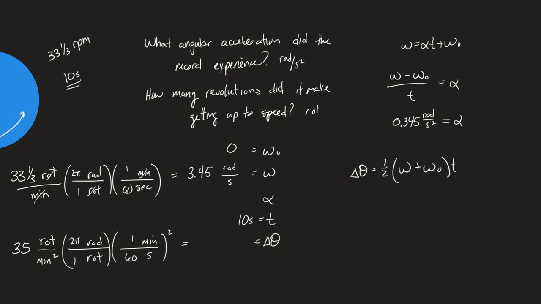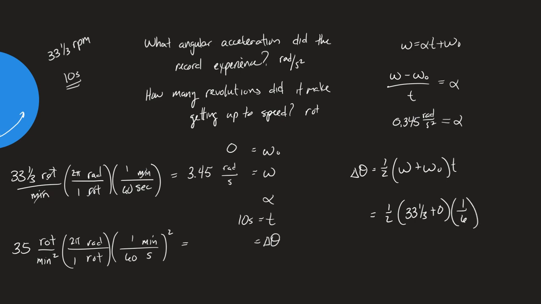That works great. Something to keep in mind, this answer, if you use the numbers that we have here, will give you an answer that is in radians, but you're asked for the number of rotations. So you had to convert your answer to rotations. Or, and I want to throw this at you since you're taking notes right now and there's a few minutes left of class, I know that the final velocity was 33 1/3 rotations per minute. That's already in rotations. 10 seconds is 1/6 of a minute.